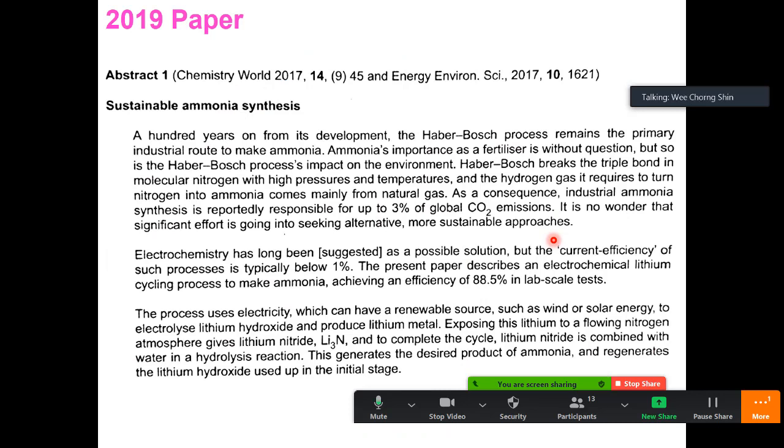Of course, the 2019 A-level paper wasn't as difficult, I have to admit. Maybe they took the suggestions from the teachers or from the team, I'm not sure. So it's really on nitrogen activation, so it's actually on ammonia. In fact, that particular year, I think it's just coincidental.